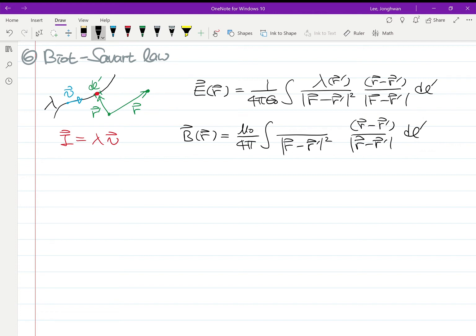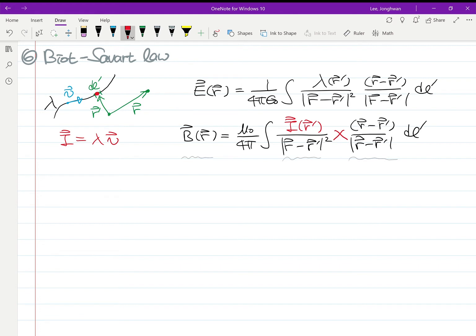But the source of the B field is the current, not the line charge lambda. So you should have here vector I at source position R prime. Now in the right hand side you have a vector, and vector times vector should result in a vector in the left hand side. So you need a cross product. Right? So if you compare the equations for the E field and B field, they are strikingly similar, which is very beautiful, I believe.